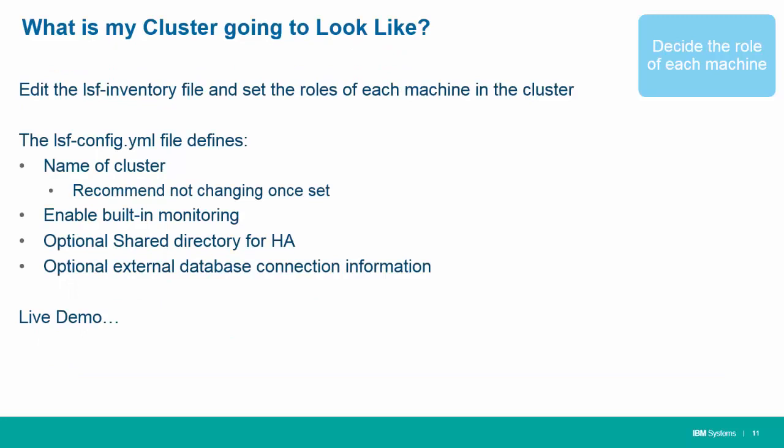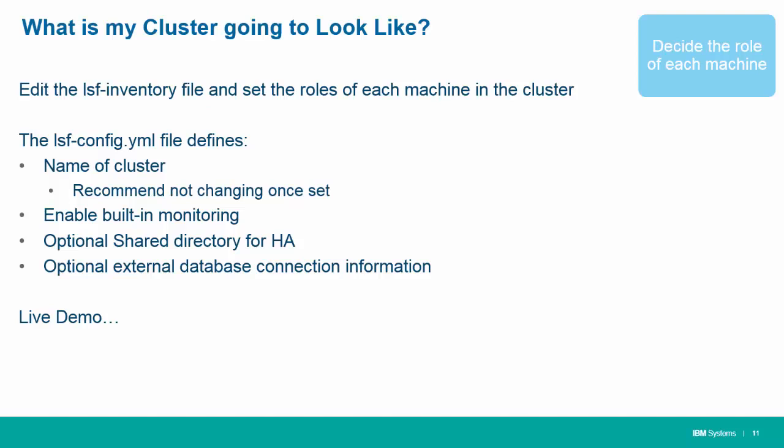The other file that you need to edit is the LSF config YAML file. Right, so you've already edited the LSF inventory file and you've specified the names of each of the machines within those roles. So now in the LSF config YAML file, this one is for defining the name of the cluster, and I would recommend setting this once and don't change it afterwards.